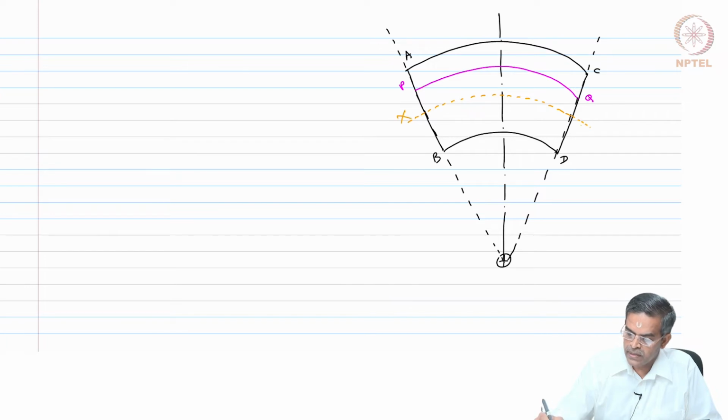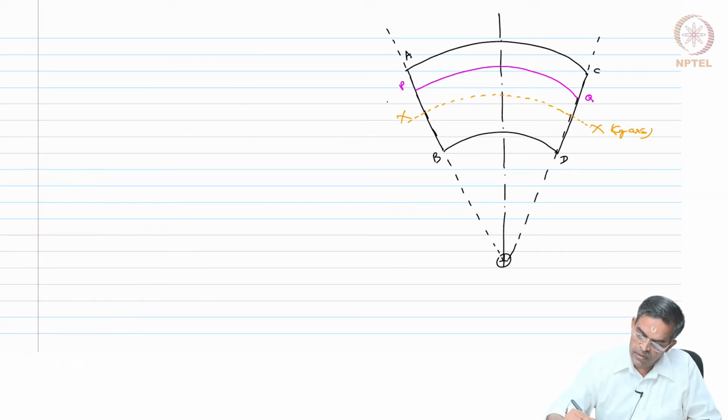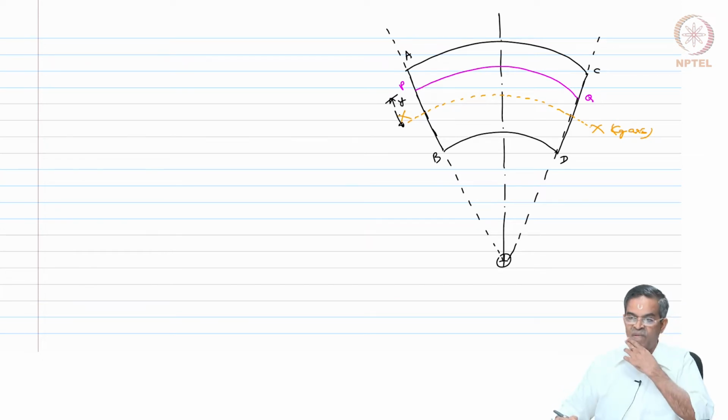I call this XX. This is a centroidal axis, and we know that the element PQ is at a distance y from the centroidal axis, is it not? Let us mark that. This is y, away from the center of curvature.